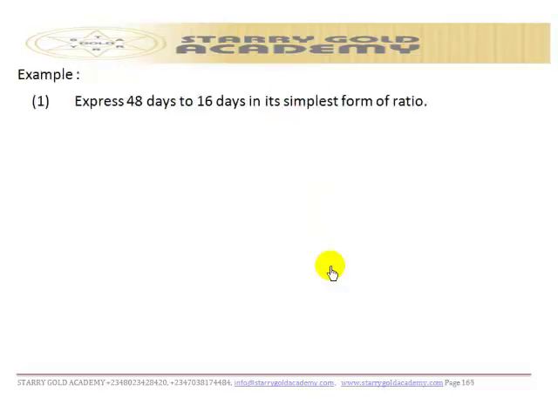Alright, so express 48 days to 16 days in simplest form of ratio. 48 days to 16 days. In other words, you have 48 over 16. 16 here 1, 16 here 3.